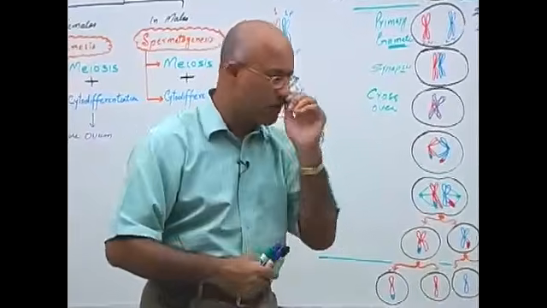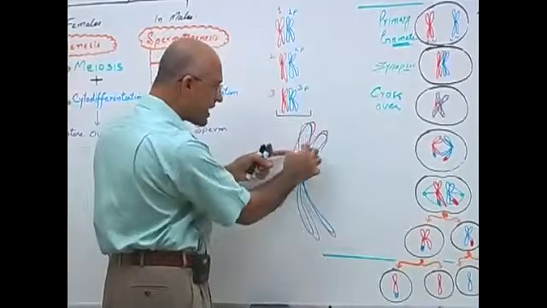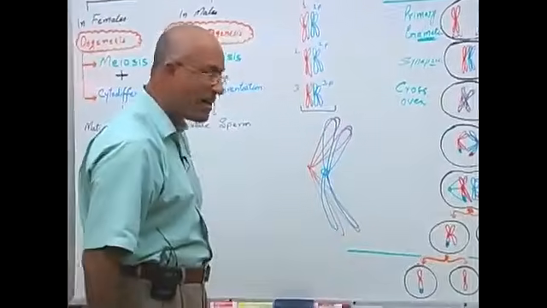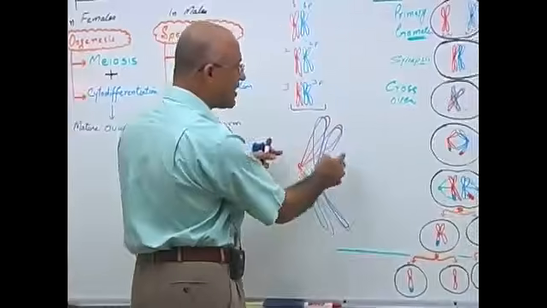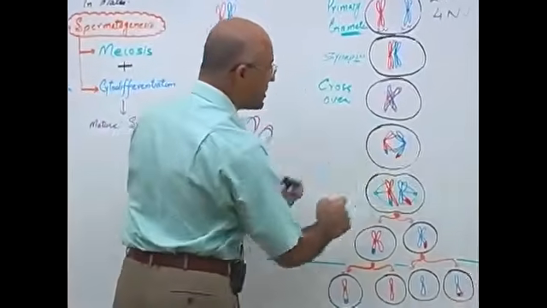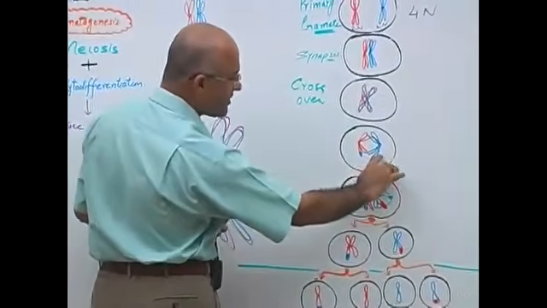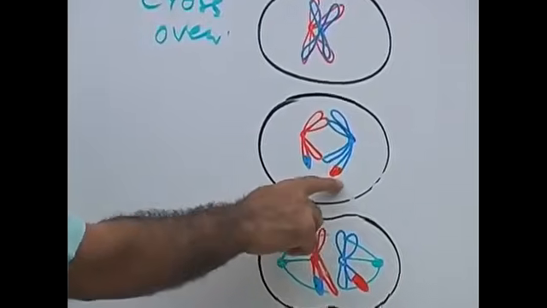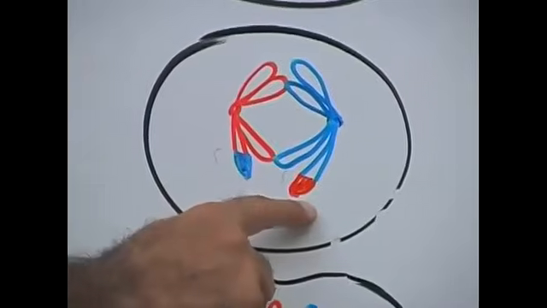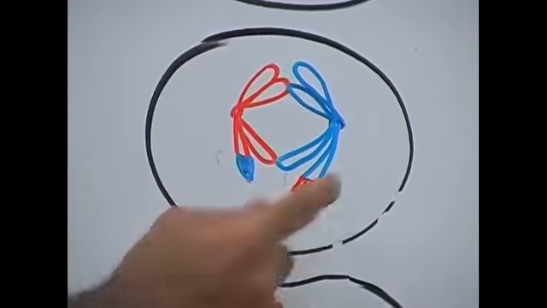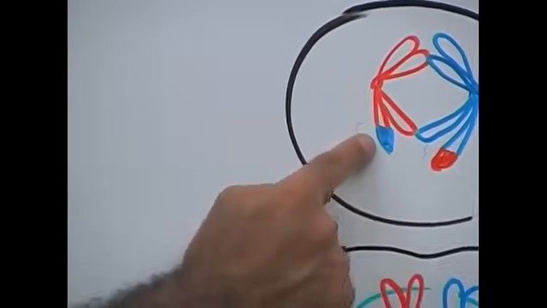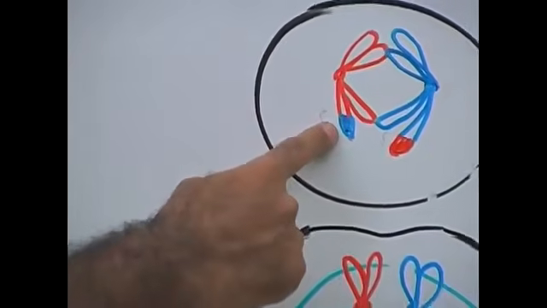Do you understand it? After the crossing over has been done, they will become separate, but they have exchanged some genetic material. Now they are going away from each other, but look here, what has happened? One piece of paternal genetic material has been exchanged with the maternal chromosome, right?